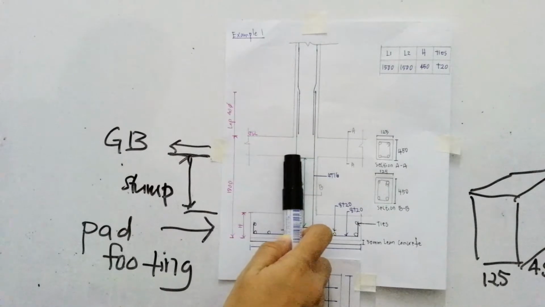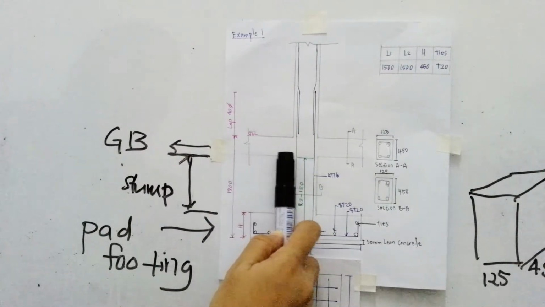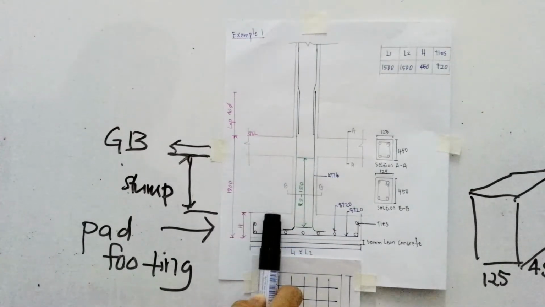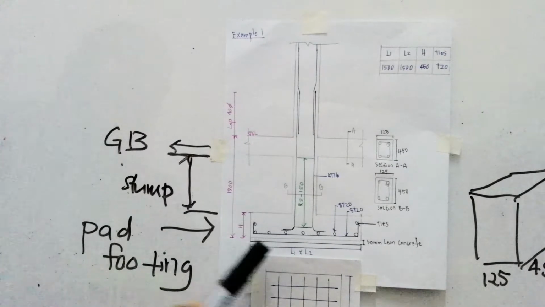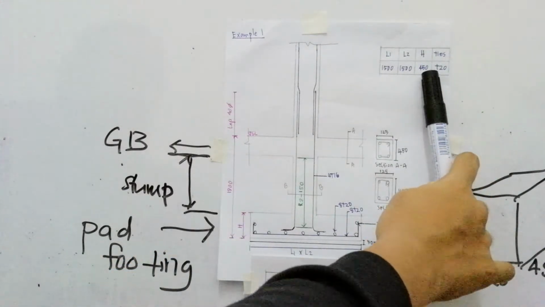So you need to minus the thickness of your ground beam and also the thickness of your pad footing. The thickness of your pad footing is H. H you can get from this table, 450.